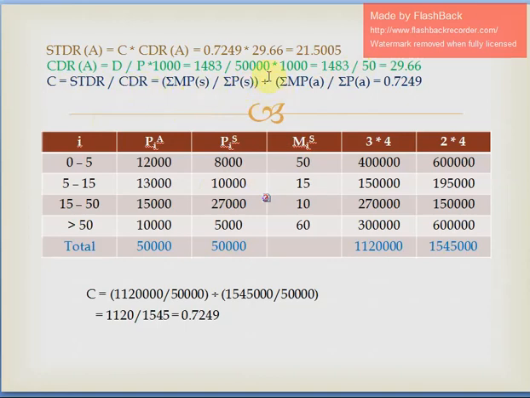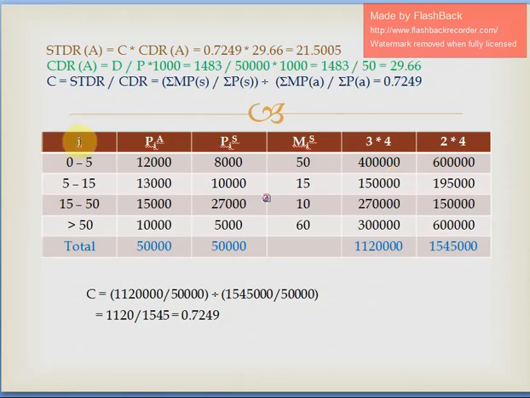CDR is summation MIS into PIA divided by summation PIA. So we need to calculate the values of PIA multiplied by MIS and MIS multiplied by PIS.